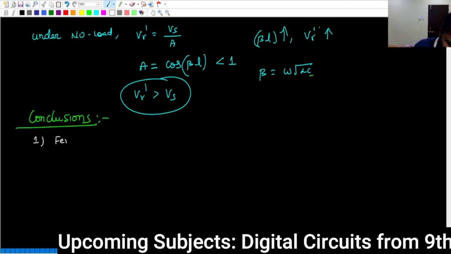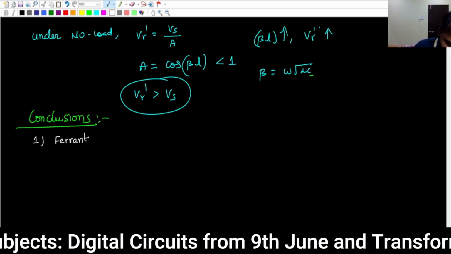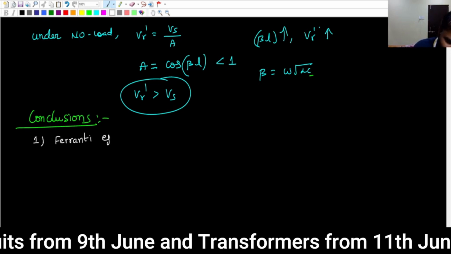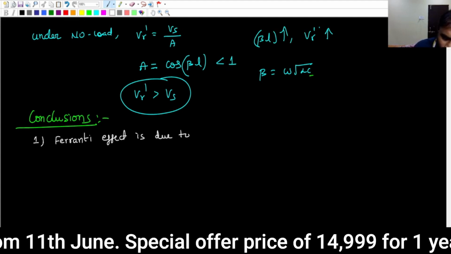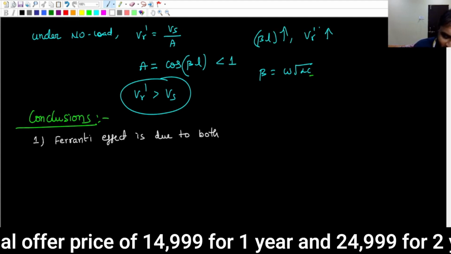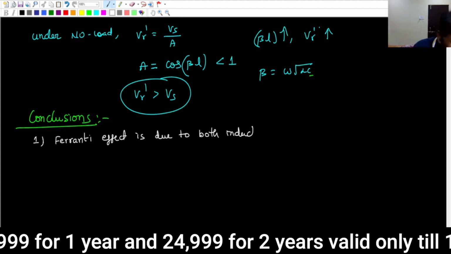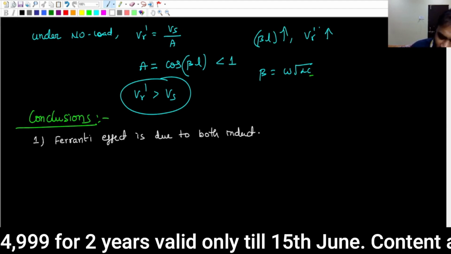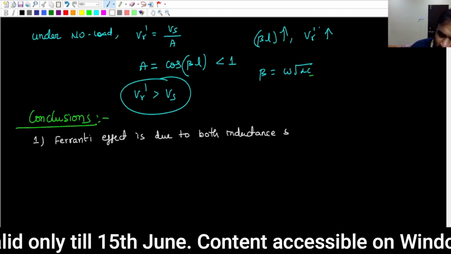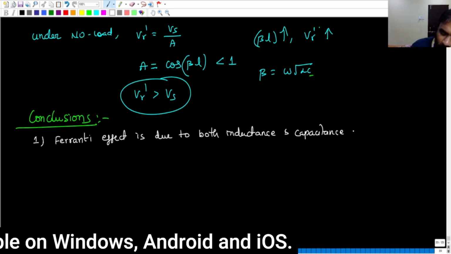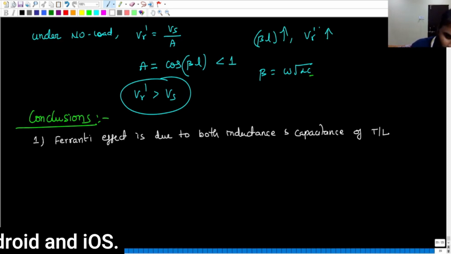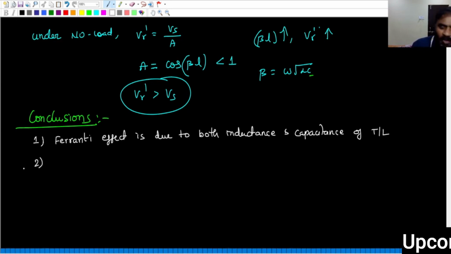This is very important. Ferranti effect is due to both inductance and capacitance of the transmission line.